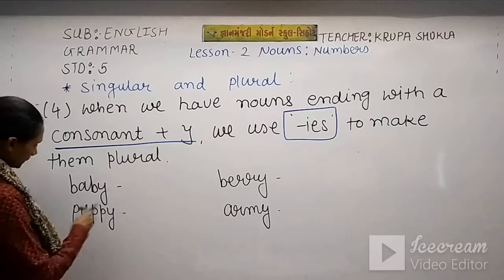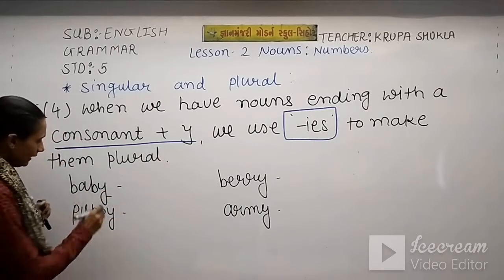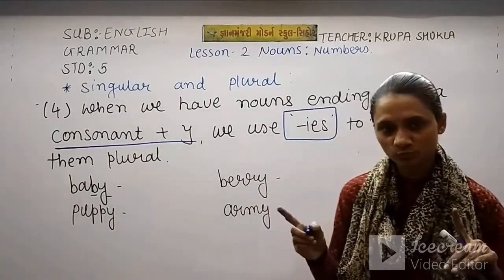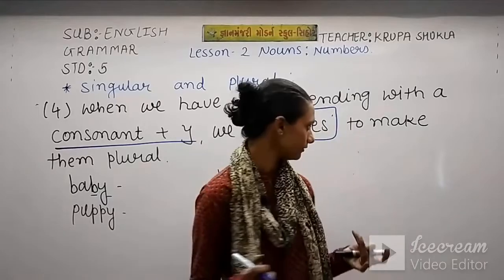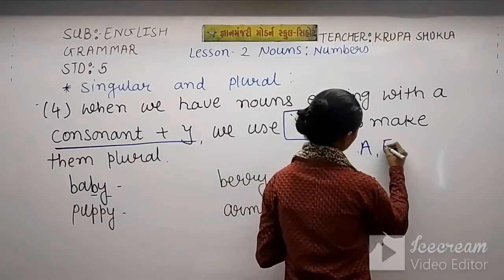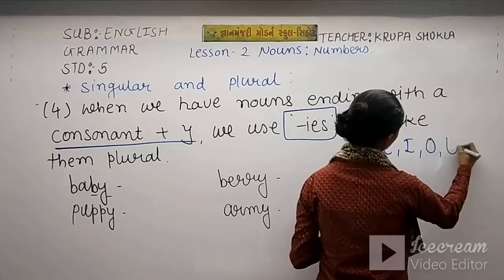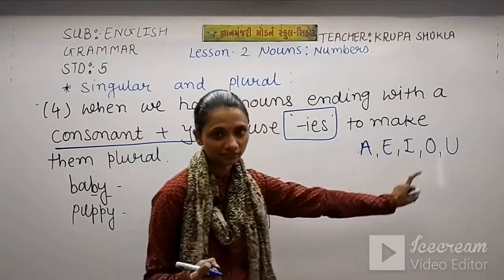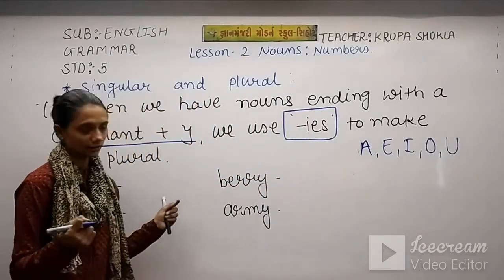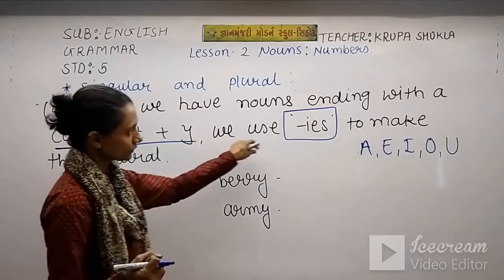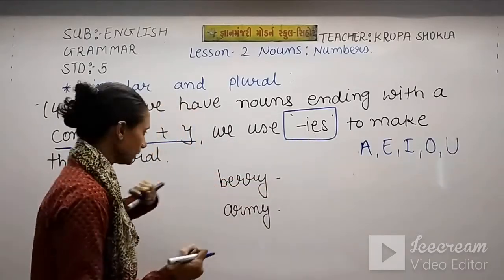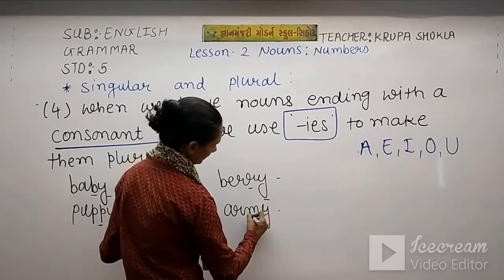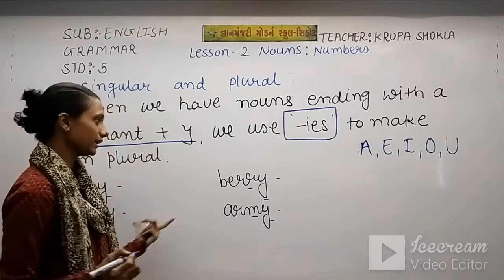Here we have y, that is okay, and here we have a consonant. Consonant means letters which are not vowels. We have five vowels: a, e, i, o, u. These are called vowels. Except these, any letter with y takes ies to make it plural. Here also we have p and y. Here we have r and y. Here we have m and y.